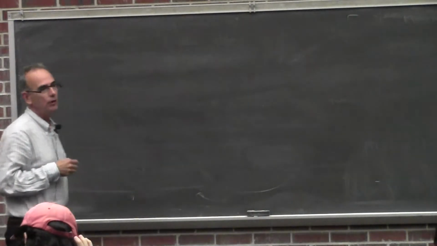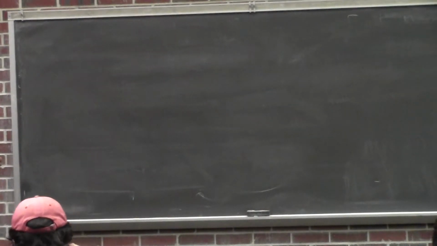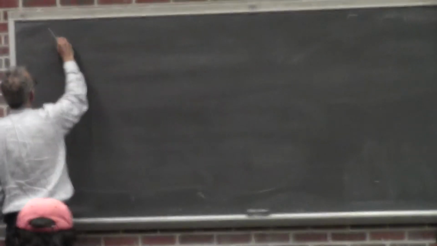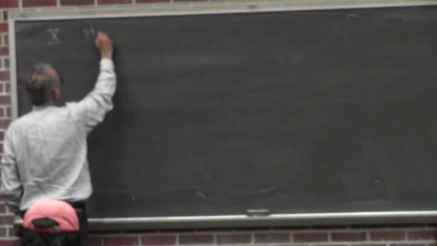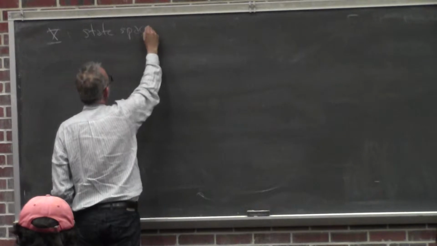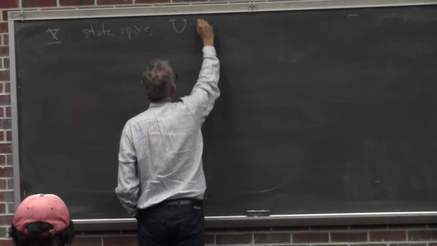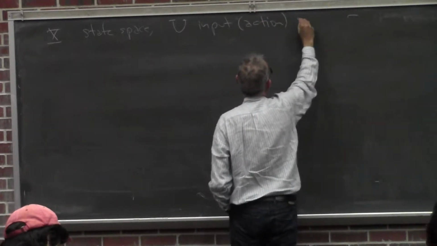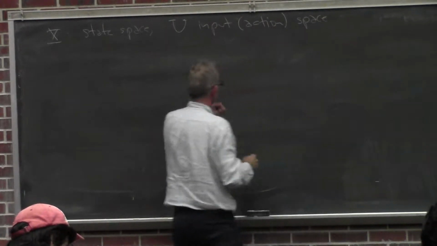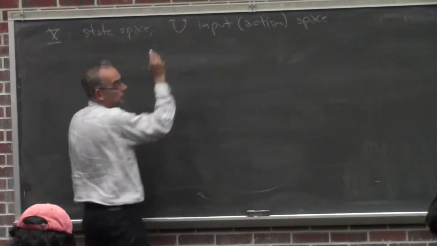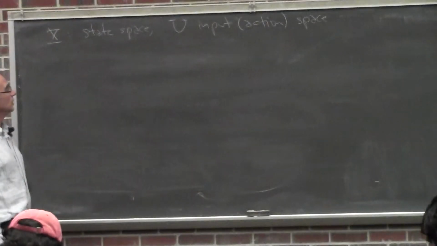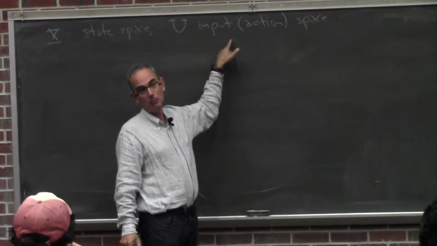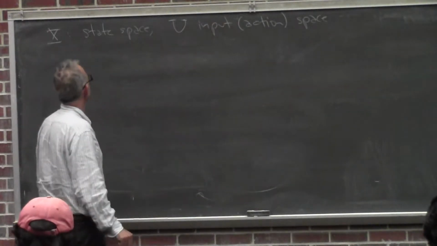All right, here's the setup. Again, X is a state space. Again, I don't know how to write grand U's on a blackboard, but in an operations research course, this is called an action space. For a control audience, it's an input space, a set of possible inputs.